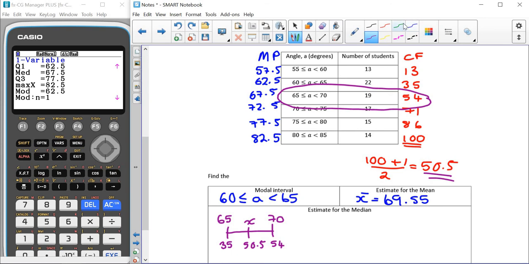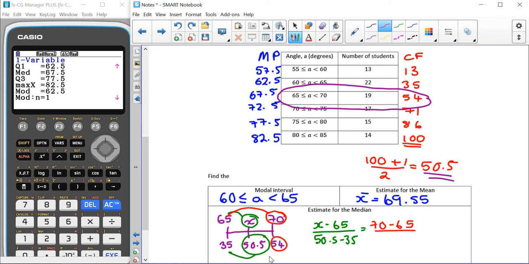So now I'm going to use the same way as I did before. I'm going to do x minus 65 divided by 50.5 minus 35 is equal to 70 minus 65, sorry, divided by 54 minus 35.